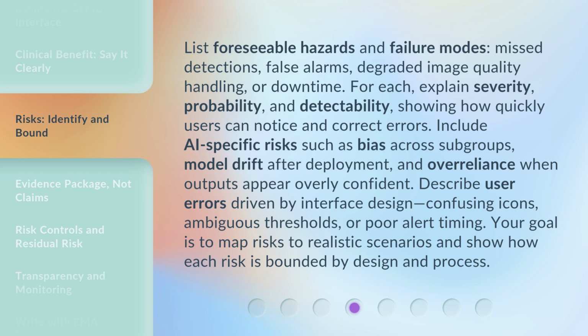Include AI-specific risks such as bias across subgroups, model drift after deployment, and over-reliance when outputs appear overly confident. Describe user errors driven by interface design: confusing icons, ambiguous thresholds, or poor alert timing. Your goal is to map risks to realistic scenarios and show how each risk is bounded by design and process.